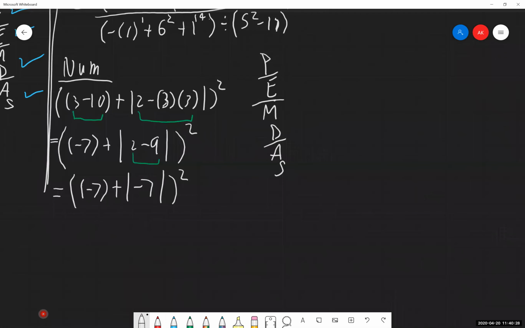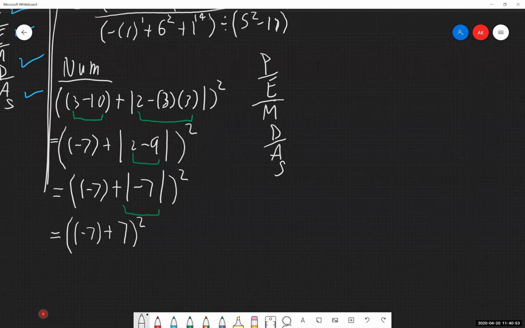So from here, I have simplified everything inside the absolute value sign. Now I just have a single value, and at this point in time, now is when I can apply the absolute value property and make that thing a positive. So everything is still inside a set of parentheses. This absolute value of negative 7 is just going to become a positive 7.